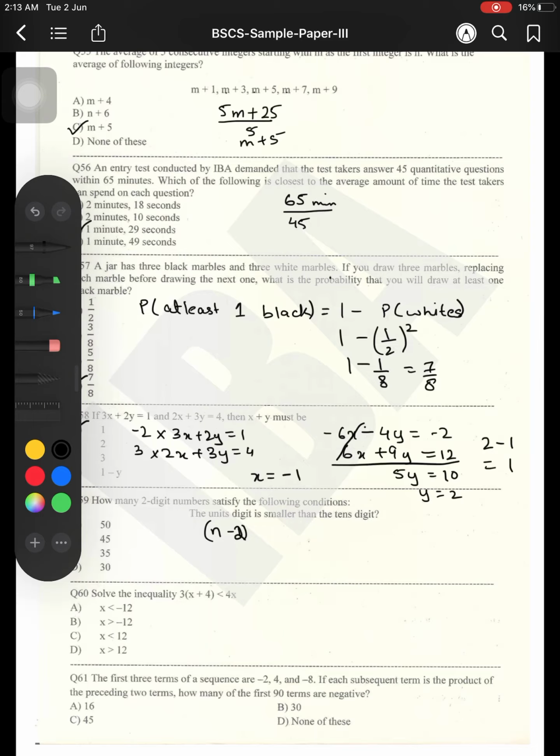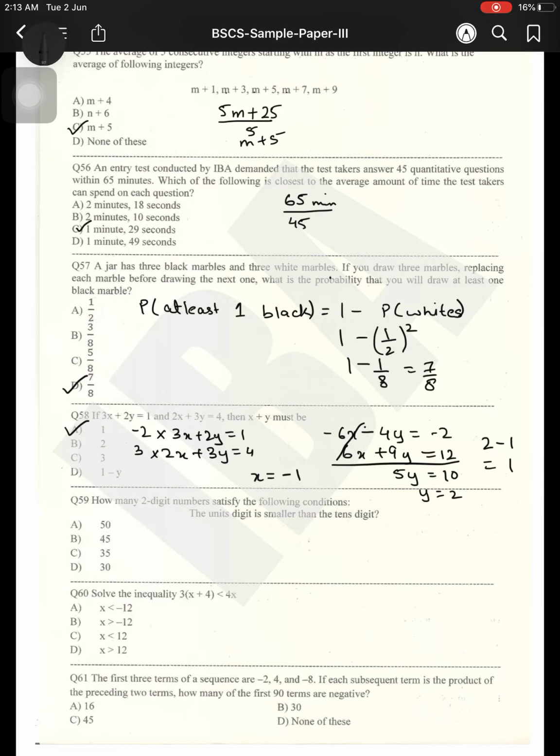If you think about it in a logical sense, I think it's gonna be 45.